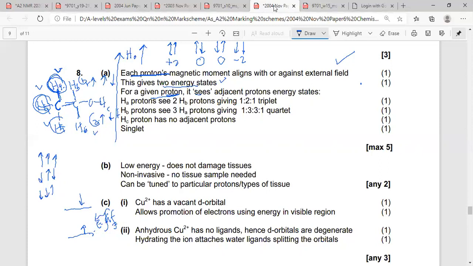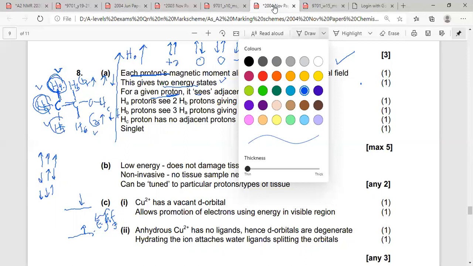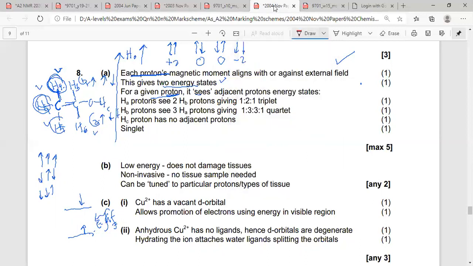HA will see two HB, this one here and this one here, and will give rise to a triplet. Why? Because these two are the same energy. One will be higher field, one will be low field. So it is 1 to 2 states and 2 to 1, which gives a triplet of 1 to 1.